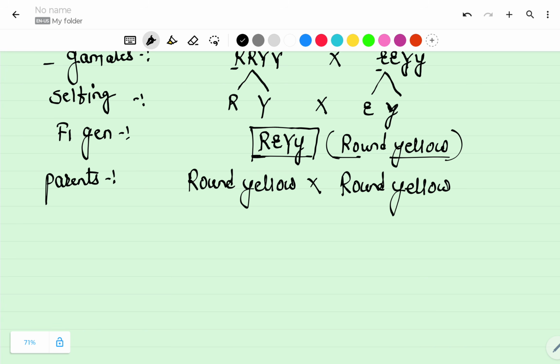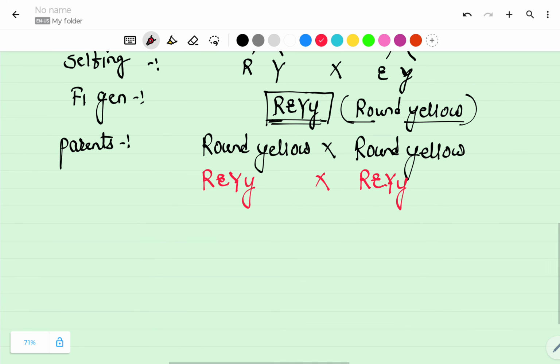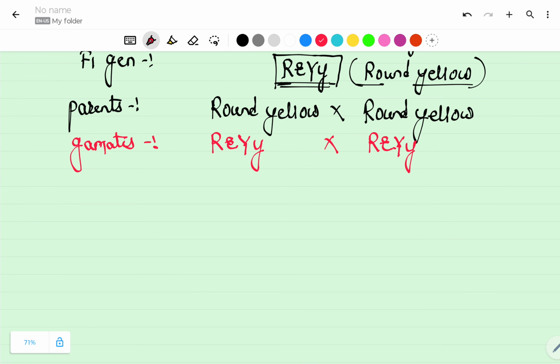We represent the letters as capital R, small r, capital Y, small y. Here again the same, capital R, small r, capital Y, small y. Now these are their gametes, and we are segregating them.